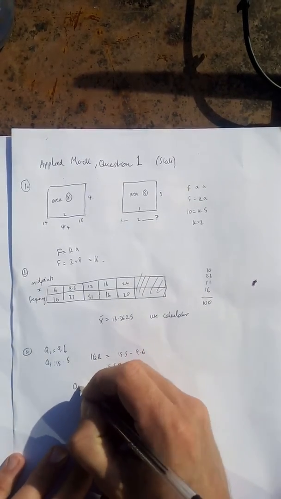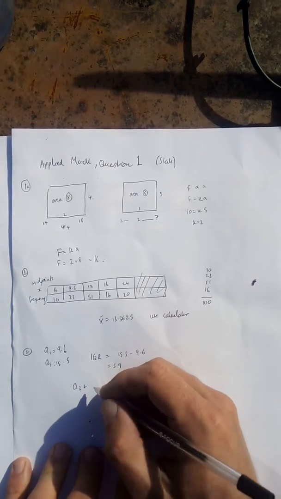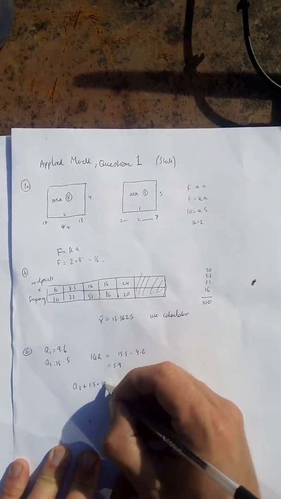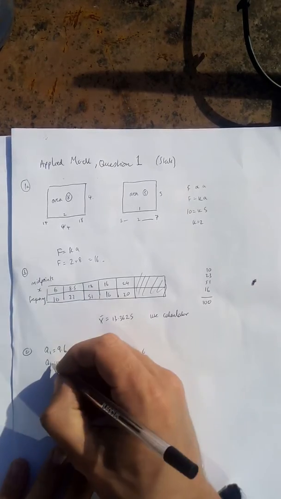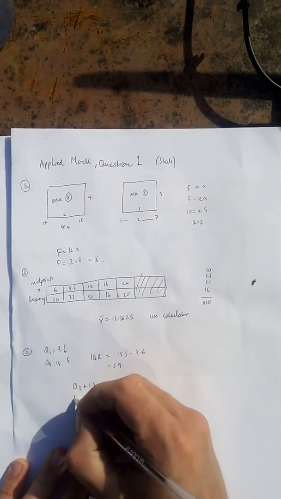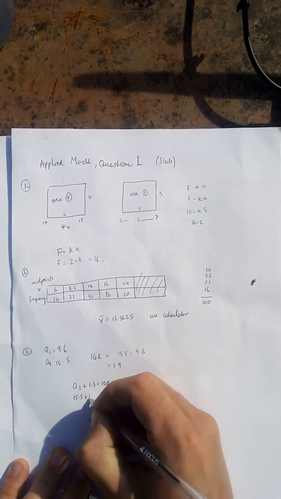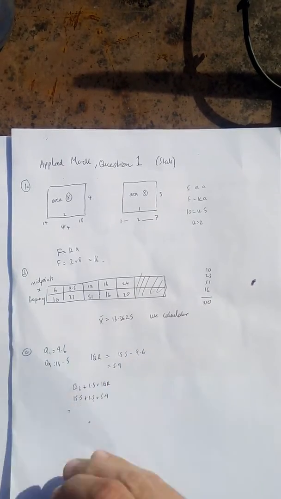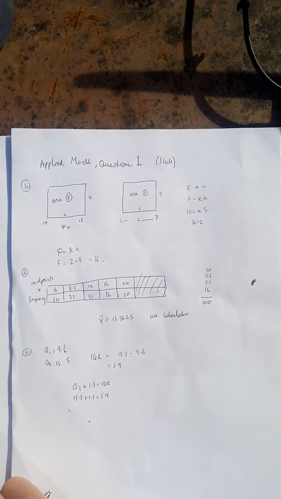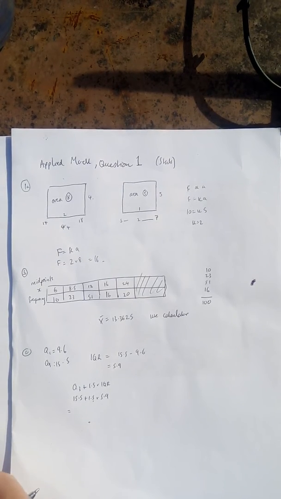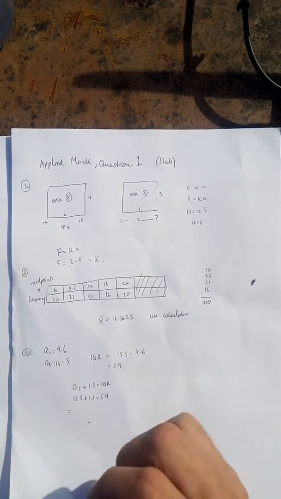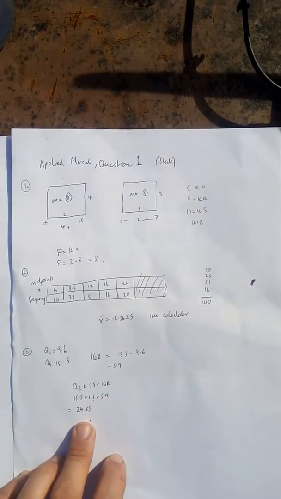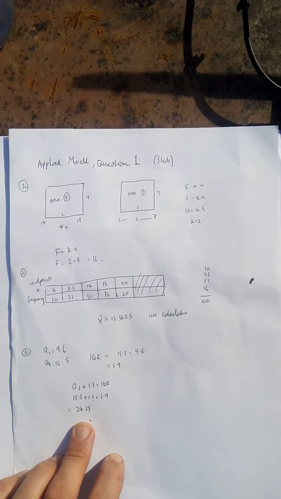So Q3 plus 1.5 times the interquartile range is 15.5 plus 1.5 times 9, which is 24.35.